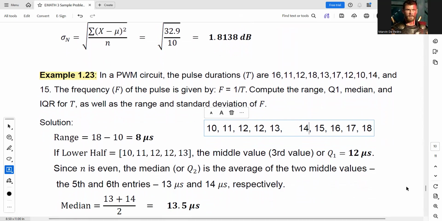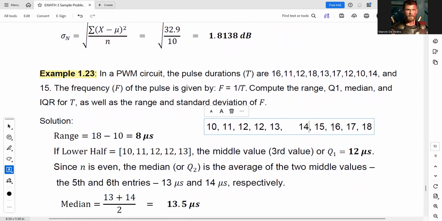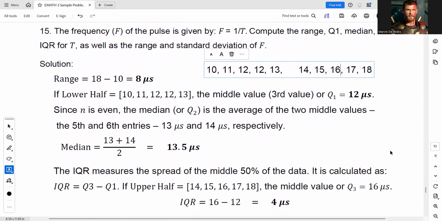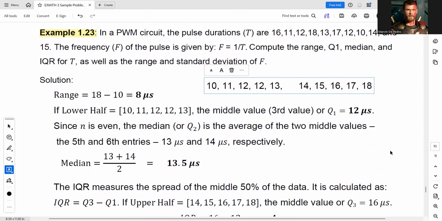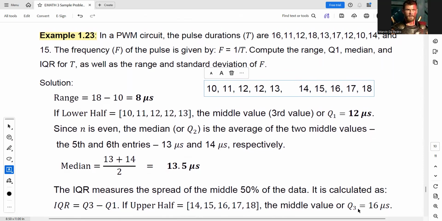Right? So next, we have the Q3. That means our Q3 is the middle value of the upper half. It's 16. Okay, Q3 is 16. And now we are asked for the IQR, which measures the spread of the middle 50% of the data. It is calculated as Q3 minus Q1.